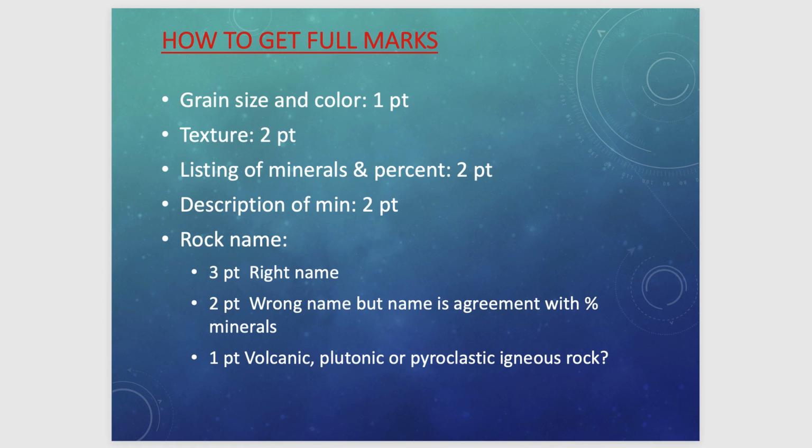But the name of the rock is not so critical, because sometimes it's very hard macroscopically to attribute a proper name. So it is acceptable to make some misclassifications, but at the same time, if you are able to classify the rock properly and describe it well, you will get the maximum points.